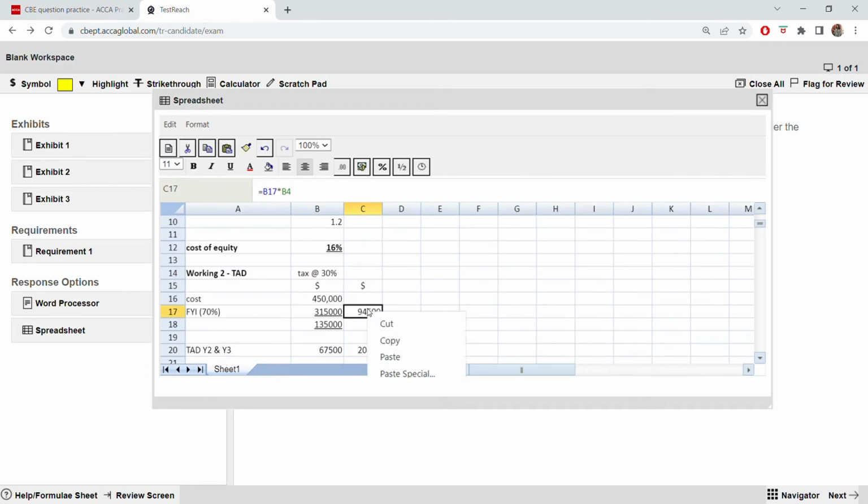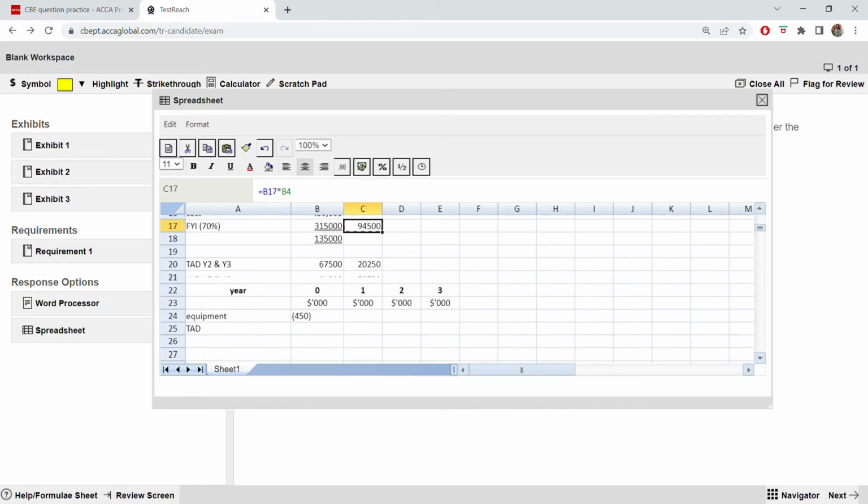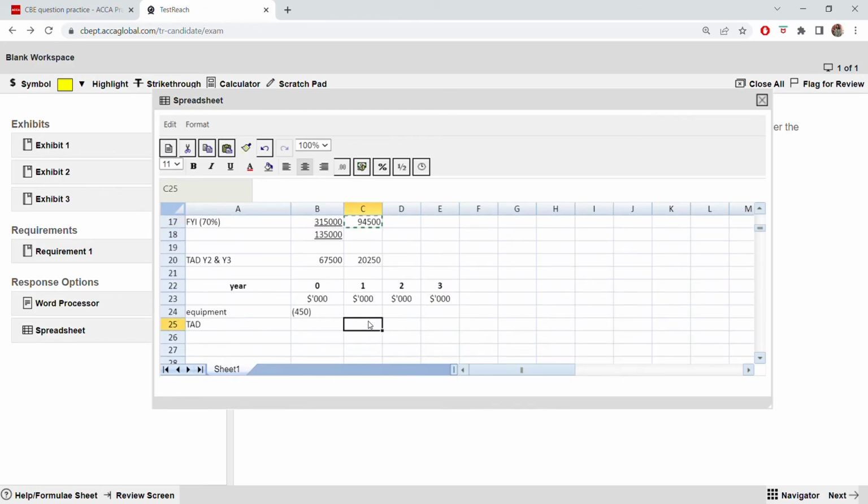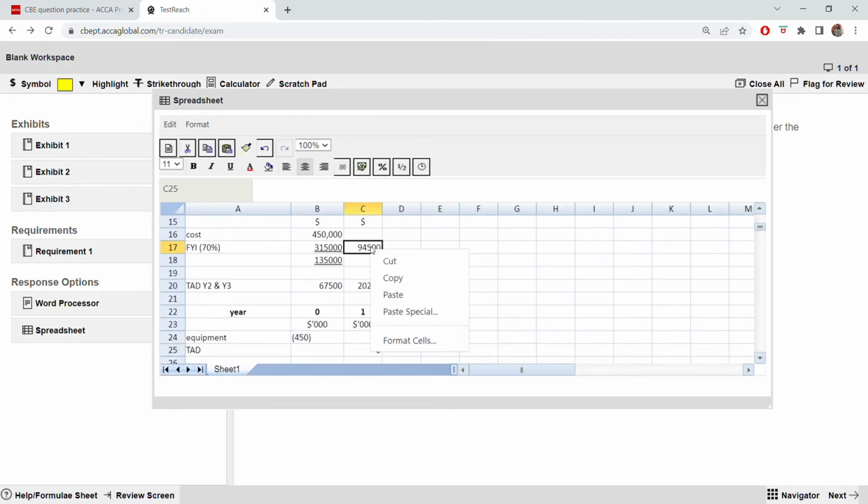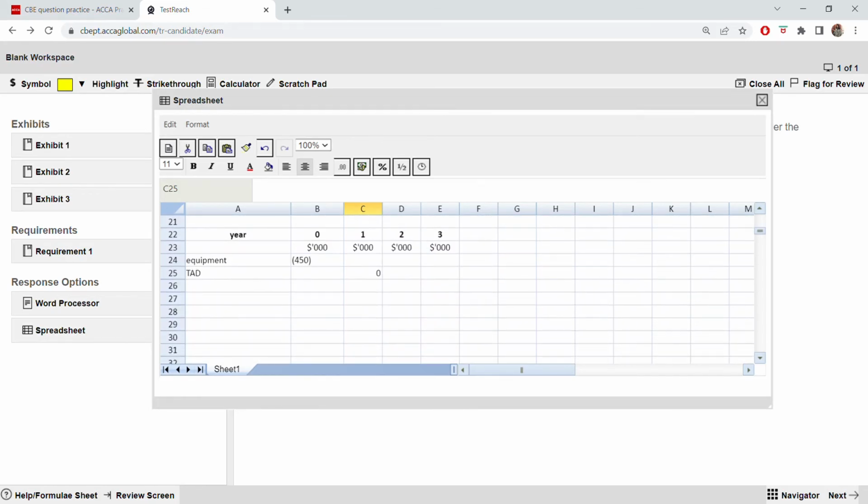If you take this, let's say you want to copy 94,500 and put it here in year 1 and paste it. It will show 0. Why? Because you cannot take this number. It has a function in it. You just cannot copy paste. It will show you 0. Understanding? So when you're taking like this, copy, and you want to paste here, right click.